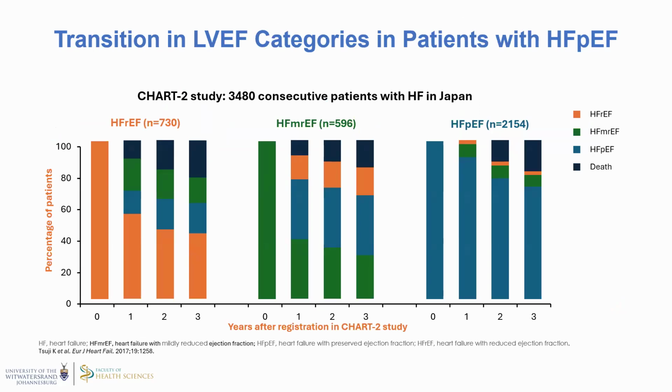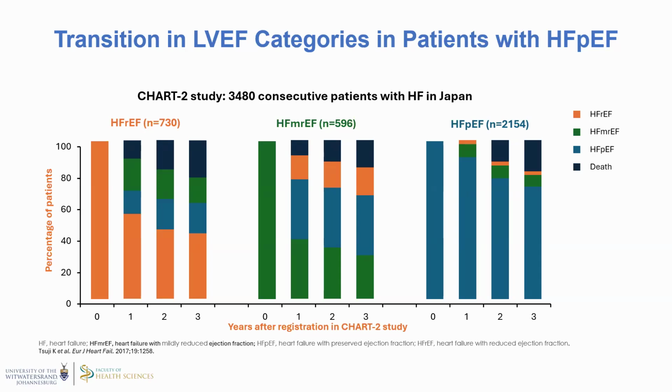So in terms of transitioning between the three classes of heart failure, this figure here was adopted from the CHART-2 study, which was a study where they recruited about 3,480 patients who had heart failure in Japan.